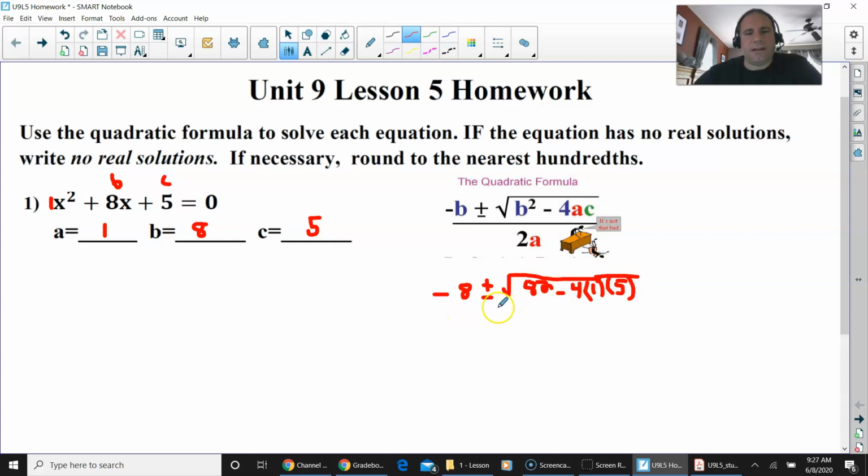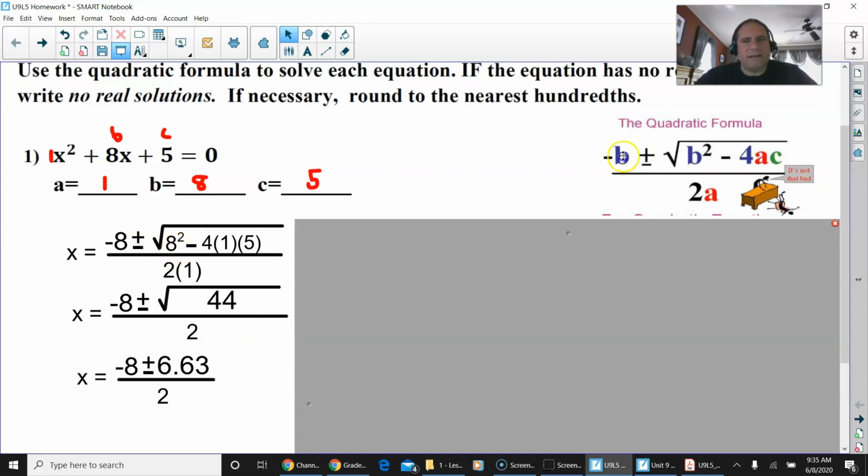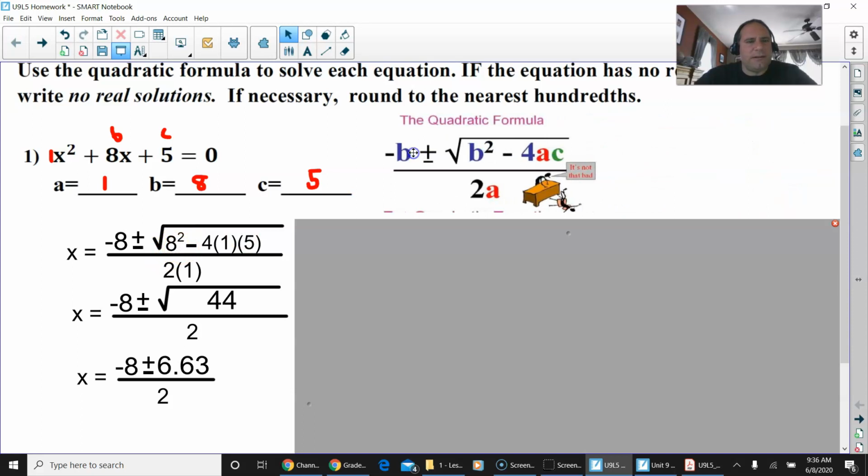And I'm going to divide that all by 2 times a, which is 2 times 1. So we have negative 8 plus or minus the square root of 8 squared, minus 4 times a, which is 1, times 5, which is c.